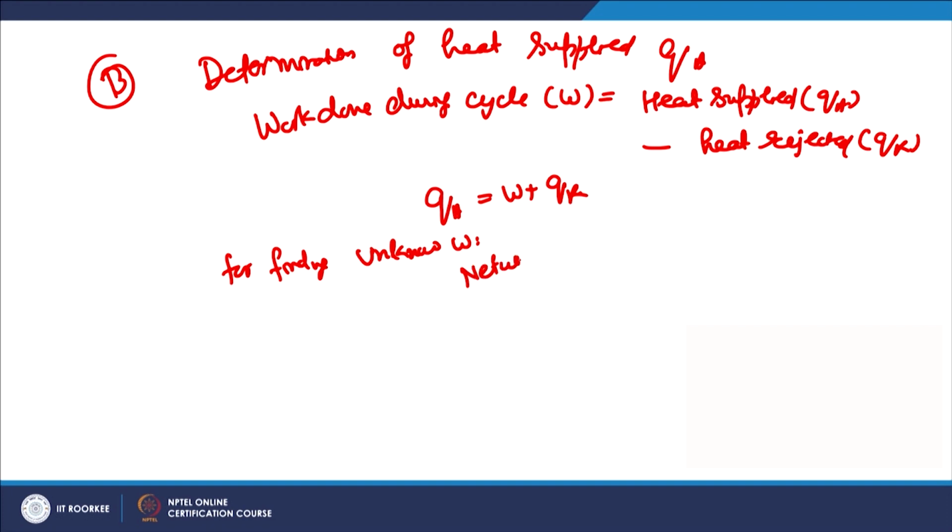the network done during the cycle W is equal to turbine work WT minus pump work WP. So again we need to find the unknowns WT and WP.